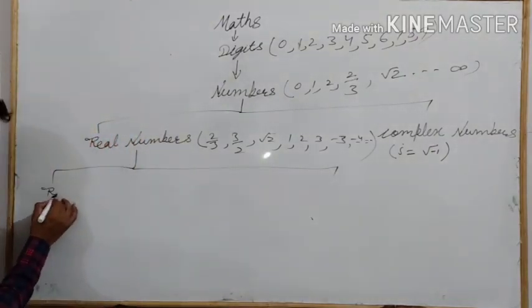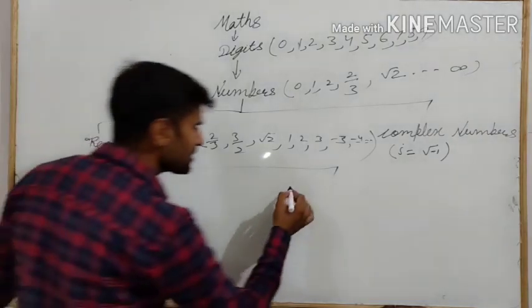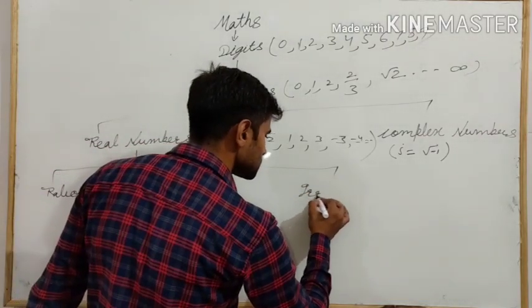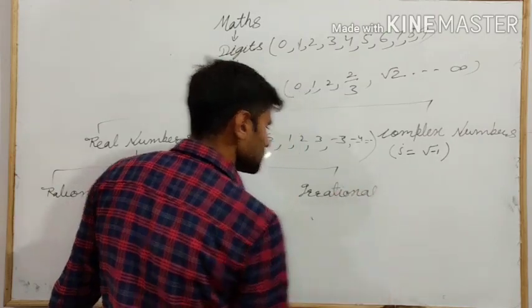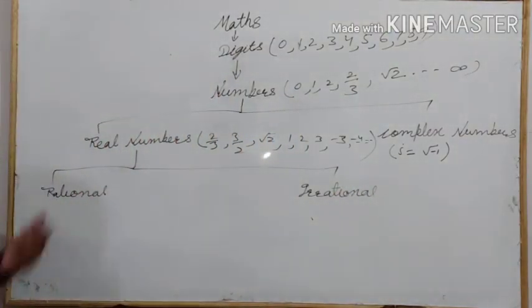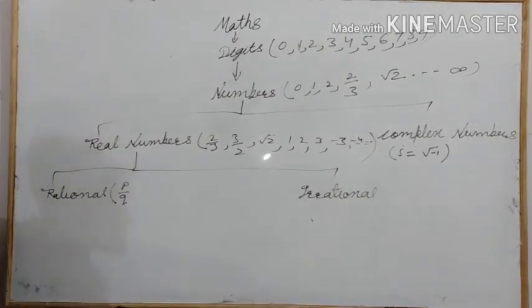First is rational number and second is irrational number. Rational numbers are in p upon q form.